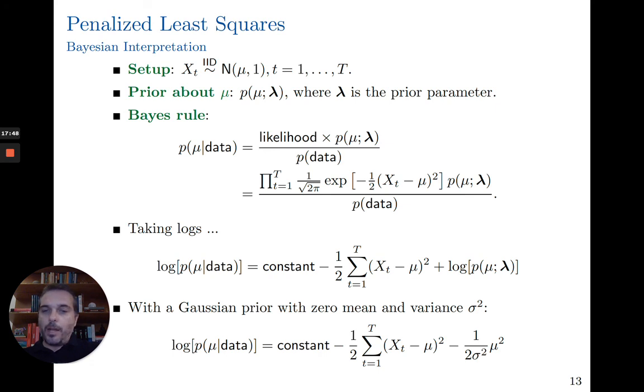So the log posterior is minus the sum of squares minus a penalty term that depends on the squared parameter that we have estimated. Does it look familiar? I'll give a hint.